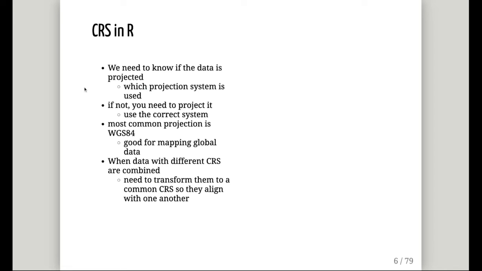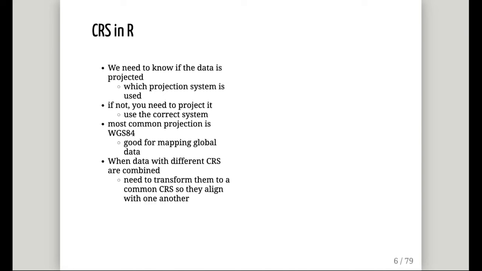Now, when you have your spatial data in R in the context of the CRS, these are some of the first questions to ask. First, we need to know if the data is projected. If the data is projected, which projection system, or which coordinate reference system, is used for the data?